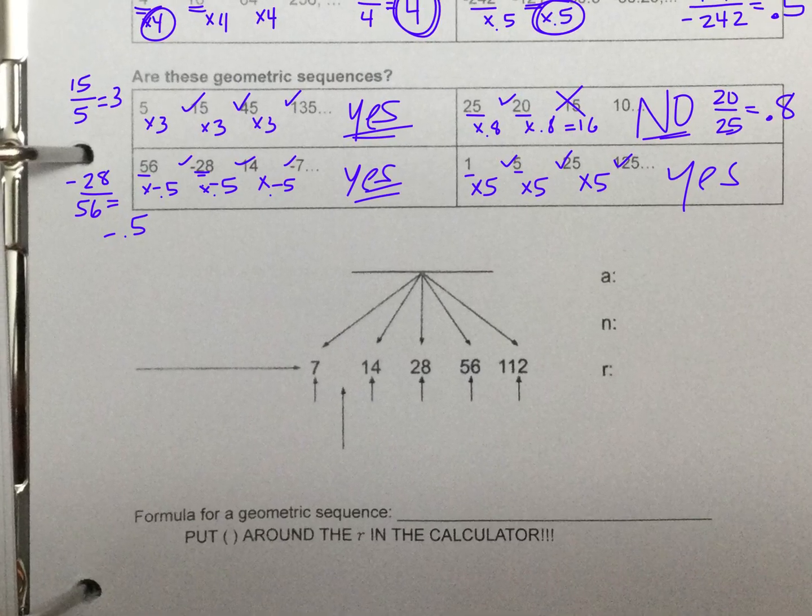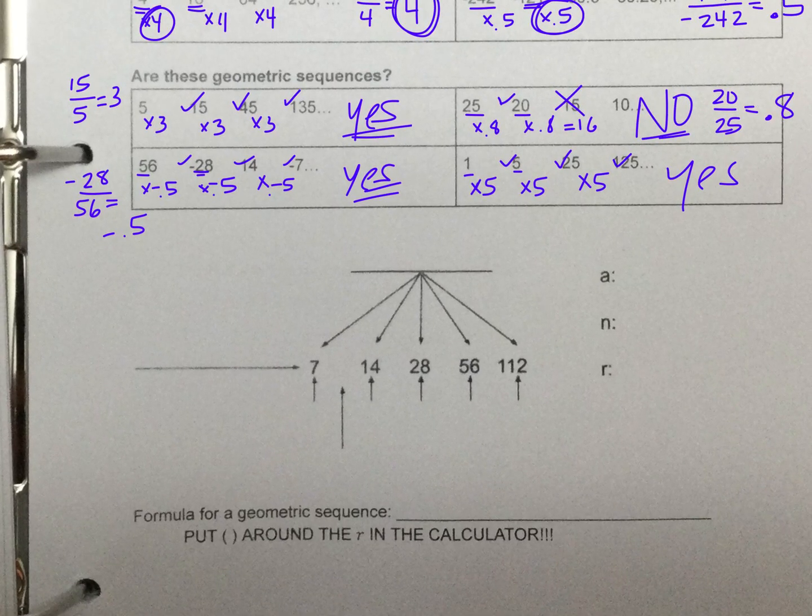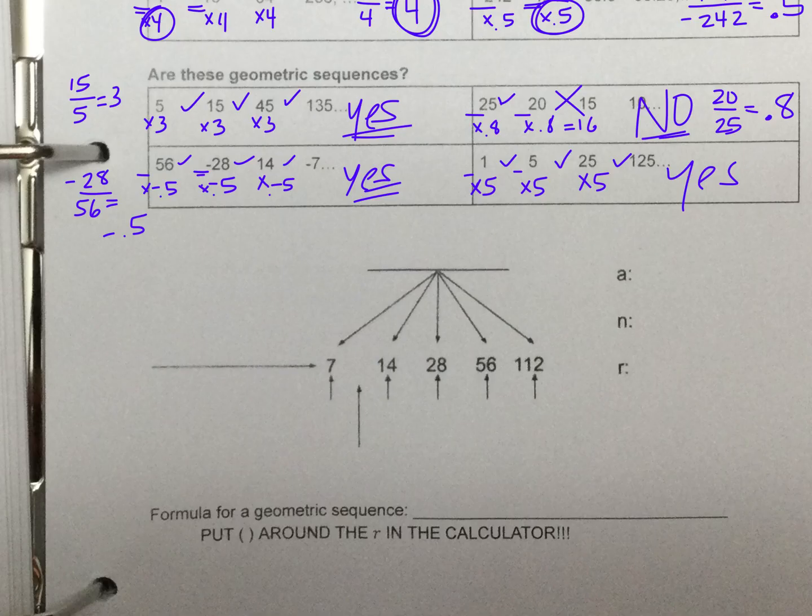All right, we're just going to write out our information like we did for our arithmetic sequences. So we know that each of these numbers in our sequence, we call them all terms. 7 is our first term.